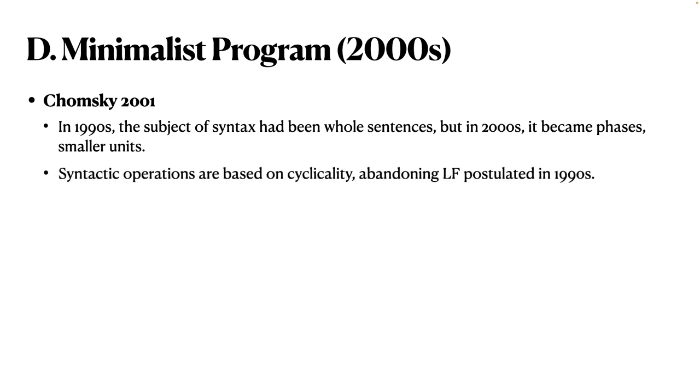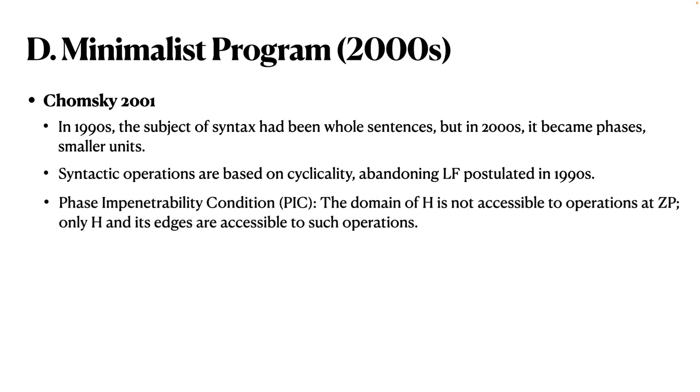In addition, Chomsky explains that syntactic operation is applied to phases with cyclicity, and accordingly, the logical form assumed in the earlier theory is also discarded, and grammar becomes a more minimized system. In addition, as the phase impenetrability condition (PIC) was established, elements in a phase that had already undergone syntactic operations cannot participate in the operations for another phase.